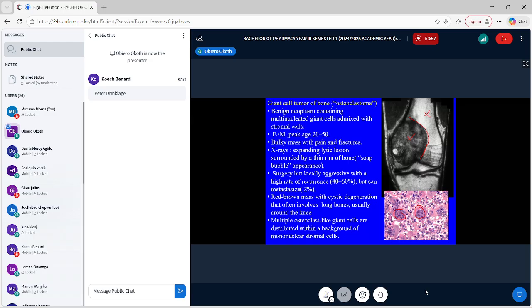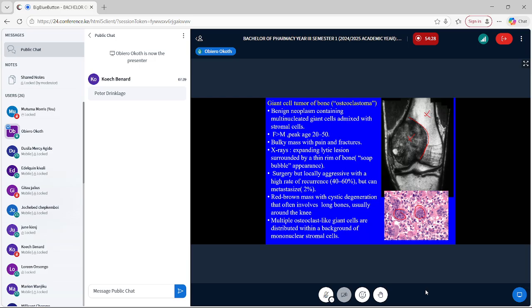X-rays normally show an expanding lytic lesion surrounded by a thin rim of bone. With this one, you have to treat with surgery. It's aggressive, a few can metastasize, but this one will require surgery. And what you see are multiple osteoclast-like giant cells with mononuclear stromal cells. Giant cell tumor of the bone.